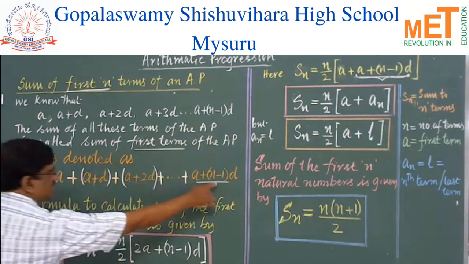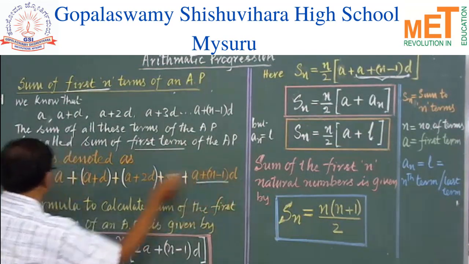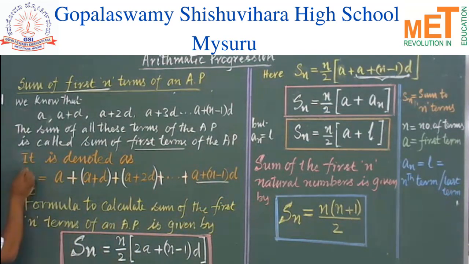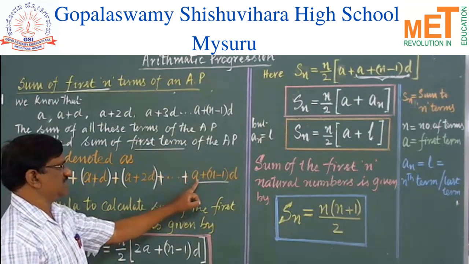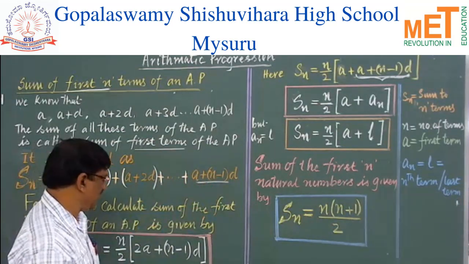The sum of all these terms is denoted by the symbol Sn. S means sum, the first letter of sum, and n indicates how many first terms you are adding. That is denoted by Sn equals a plus a plus d plus a plus 2d plus etc. plus a plus n minus 1 into d.